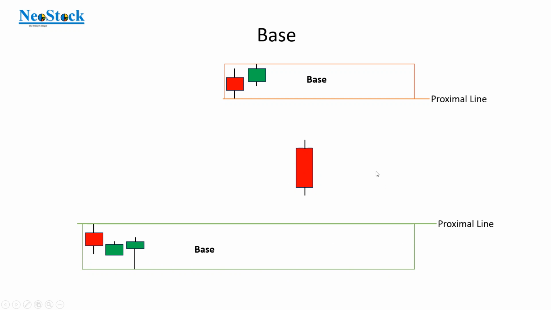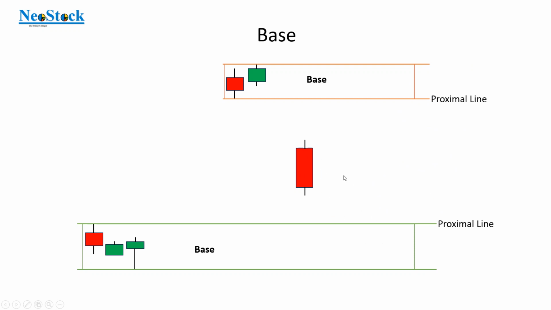And we can also call them the farthest line. If these 2 are the nearest lines, then this one and this one are called the farthest line. Let me mark those lines. This is the one, and here this is the one. And these farthest lines have more distance to the current price.